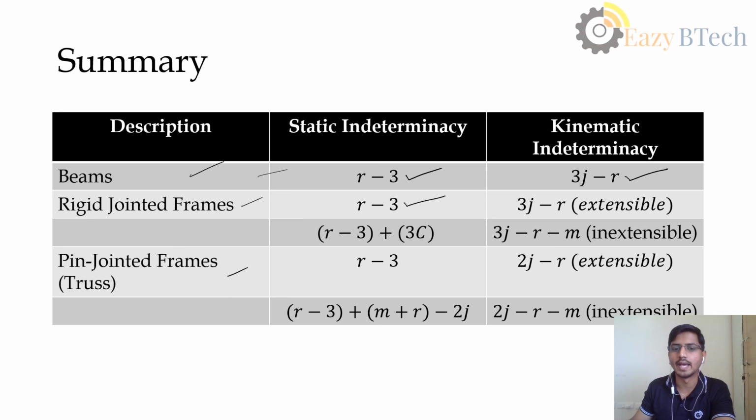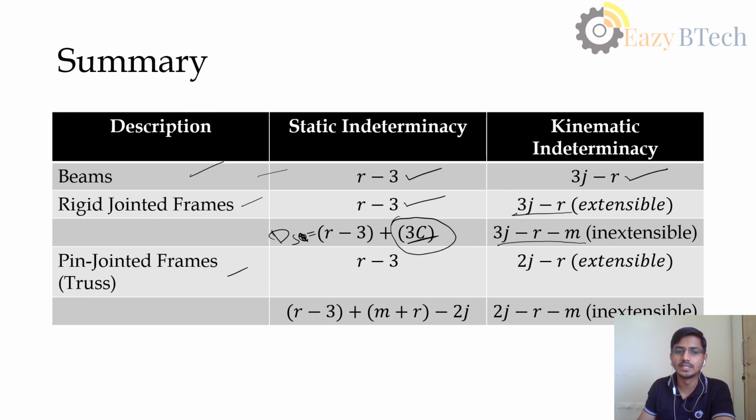This is external. Whereas internal is, if we have an additional member like closed loops, then we need to add 3c. This will give the total degree of static indeterminacy. For kinematic indeterminacy, if it is extensible, the formula is only 3j minus r. If it is inextensible or rigid, then it is 3j minus r minus m.